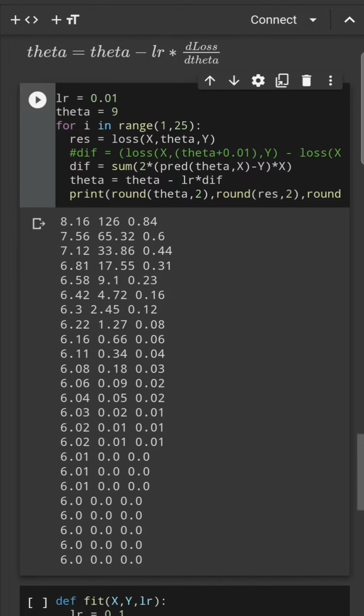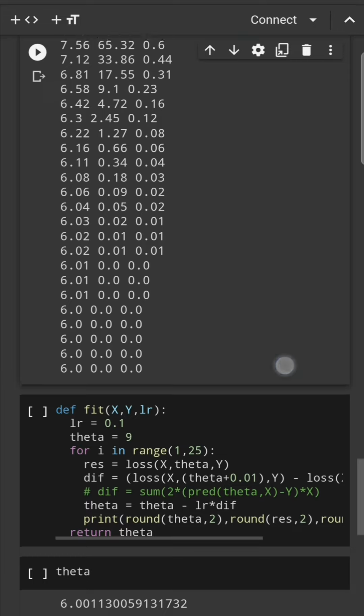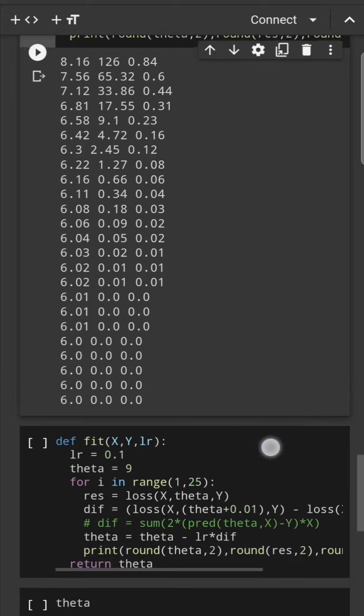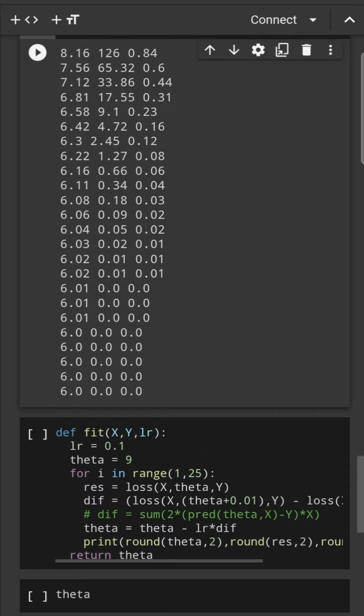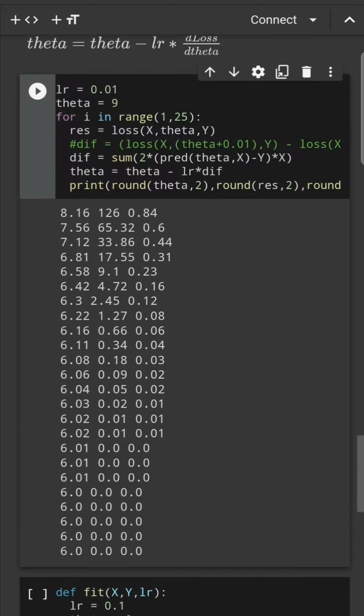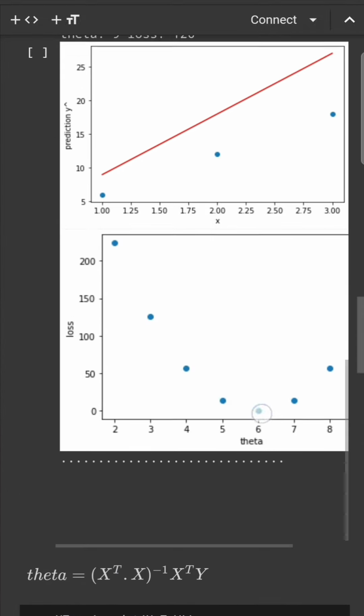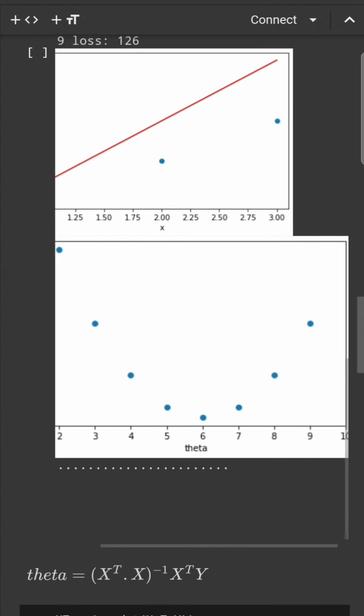That was it. So this way we have theta. If you remember our sklearn function that has this fit function, this fit function was taking x and y. You can also give learning rate over there as a parameter to change things. Sometimes a small learning rate works, right? If you have a very small learning rate, then it will take very small steps, and to reach the point 6 you will need a lot of iterations.